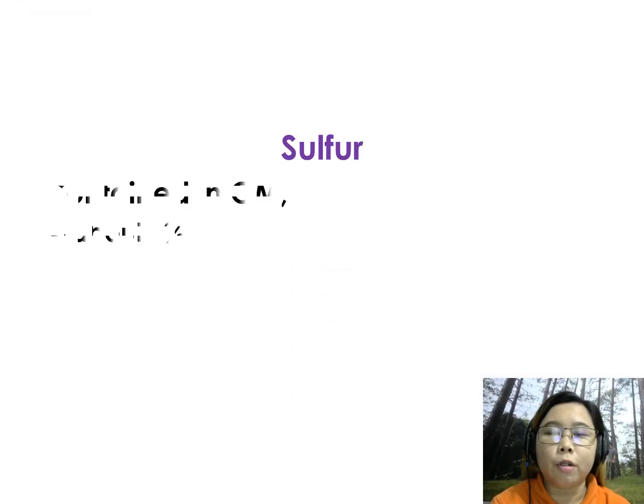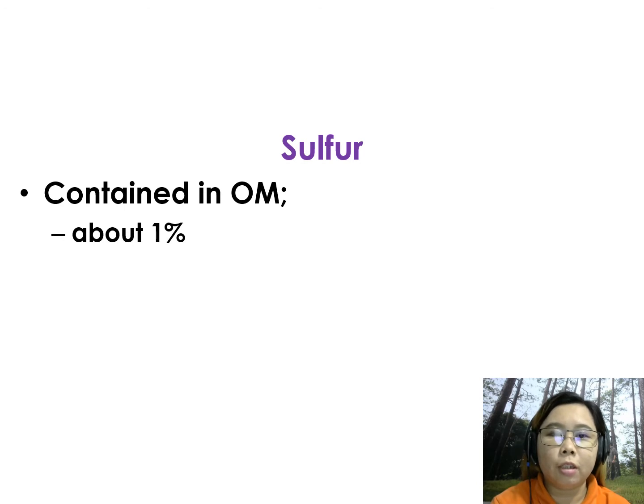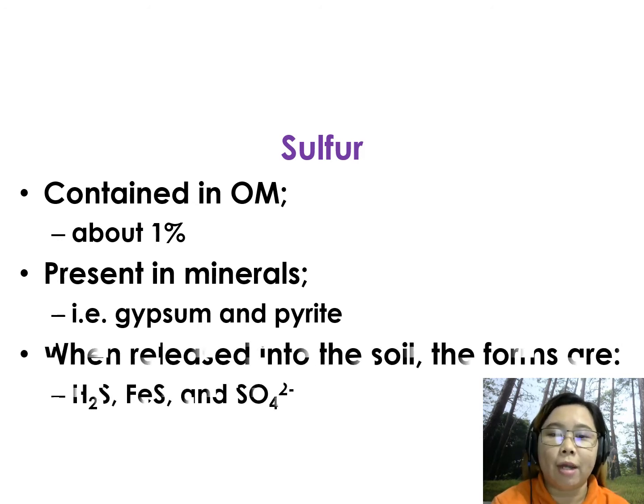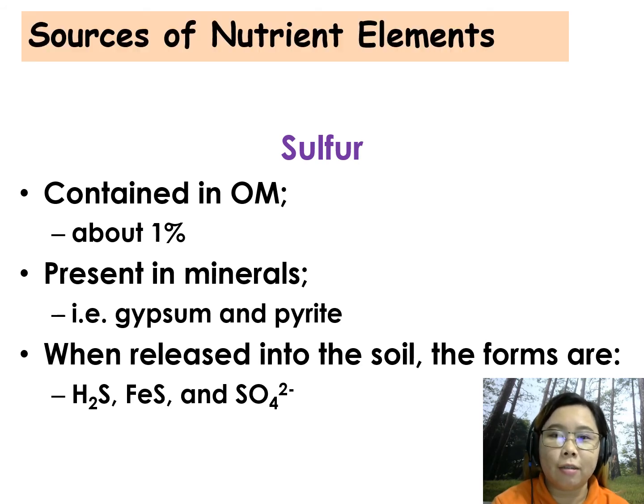For sulfur, sulfur is contained in organic matter, about 1% sulfur. It can also be present in minerals such as gypsum and pyrite, and when released to the soil, they are in the forms of hydrogen sulfide, iron sulfide, and sulfate.